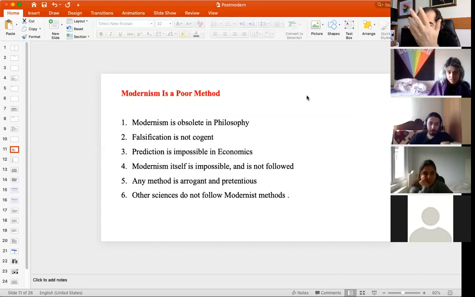There is no such thing as the scientific method, anything goes. Any method is arrogant. Other sciences do not follow modernist methods. Well, I think here she has actually a confusion between Enlightenment or modernity and positivism. They are not the same, as I would say.